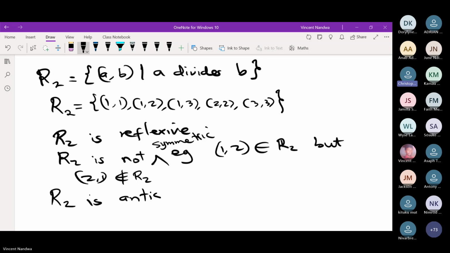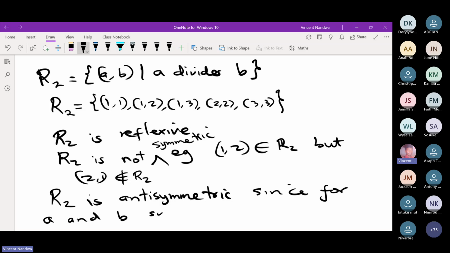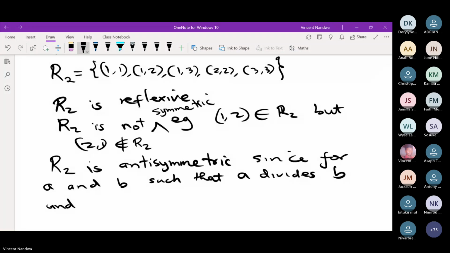What is the reason? x is equal to y for all x, y elements of A. This is because for any two elements a and b such that a divides b and b divides a, then a must be the same as b.